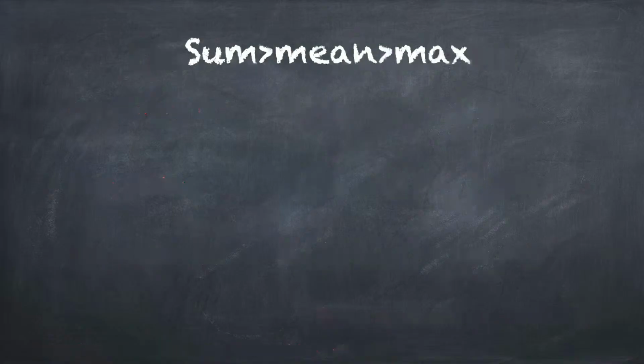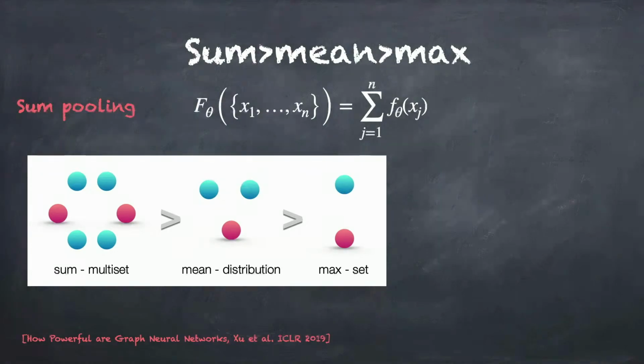One of these classical results, in terms of the question we're discussing, is that sum pooling is better than the other types. This is a picture from Stephanie's well-known paper.